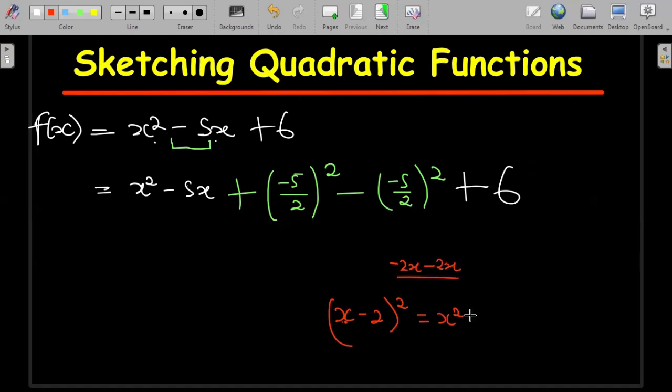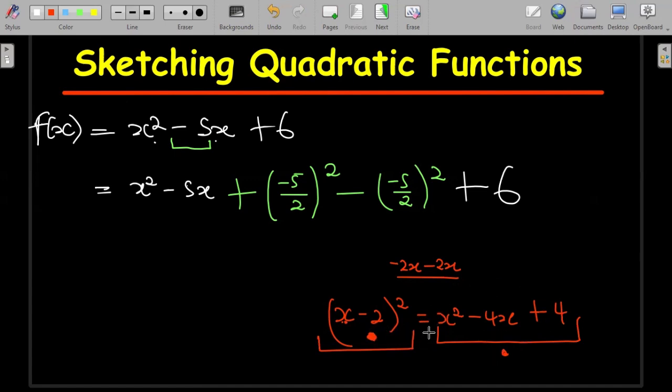When I combine this, I get minus 4x. And then minus 2 multiplied by minus 2, I get plus 4. So we see that this guy here can also be expressed as this guy, right? So this one is a perfect square. I can express this as this.